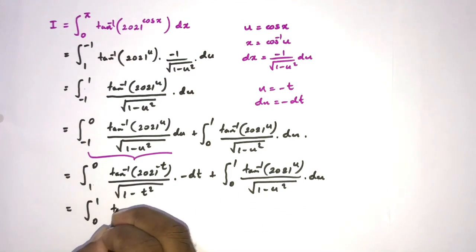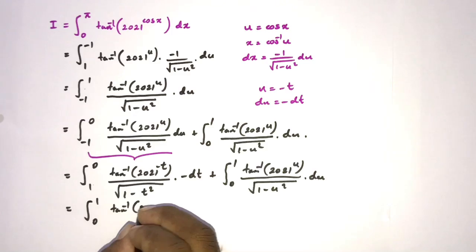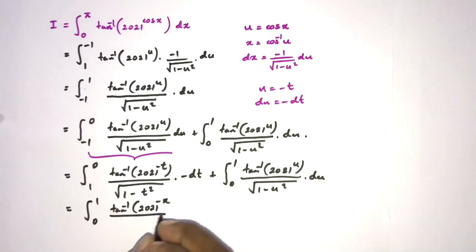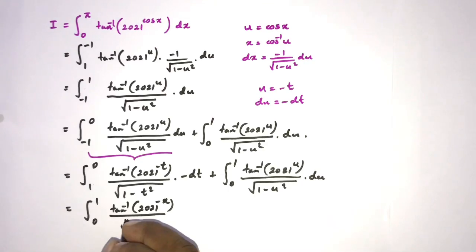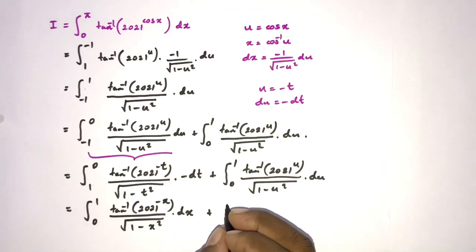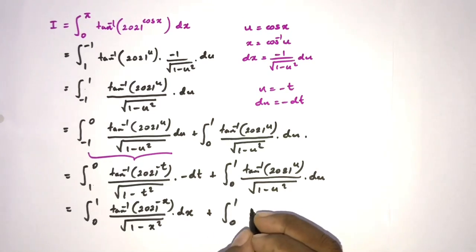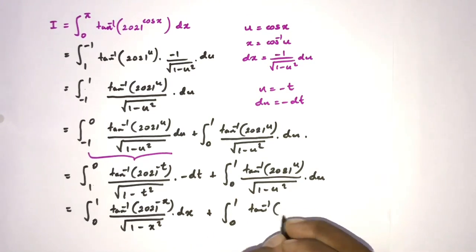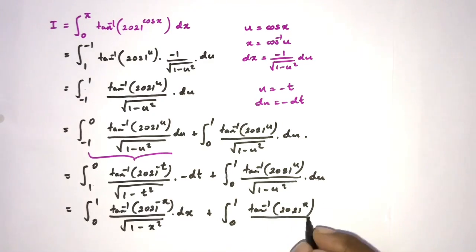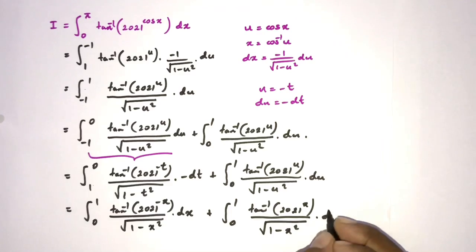So here we have inverse tan of 2021 raised to the minus x over the square root of 1 minus x square dx, plus here also we have 0 to 1 inverse tan of 2021 raised to the x over the square root of 1 minus x square dx.